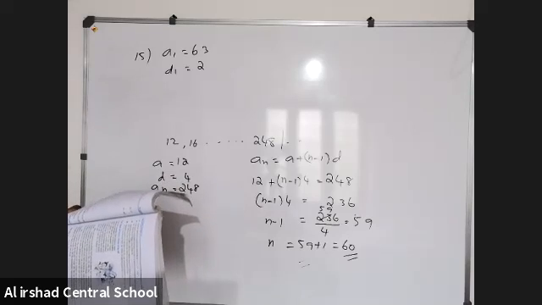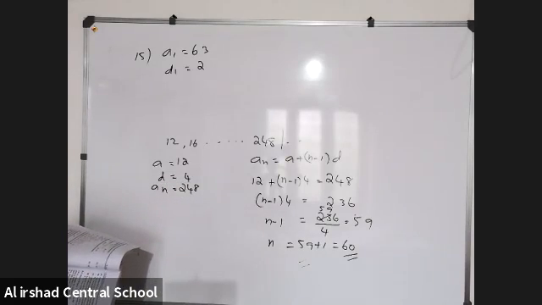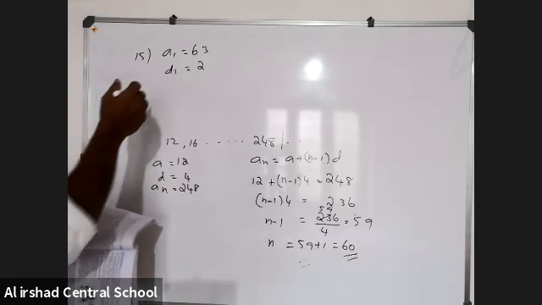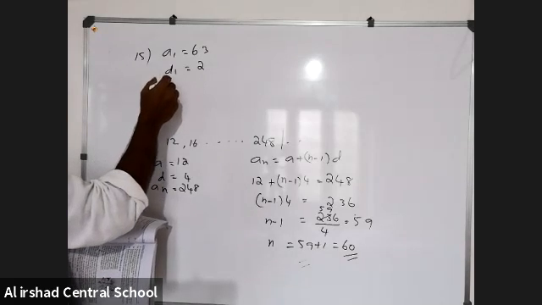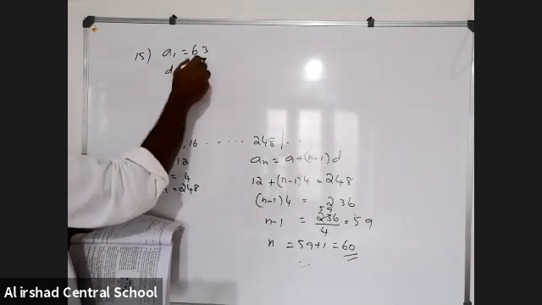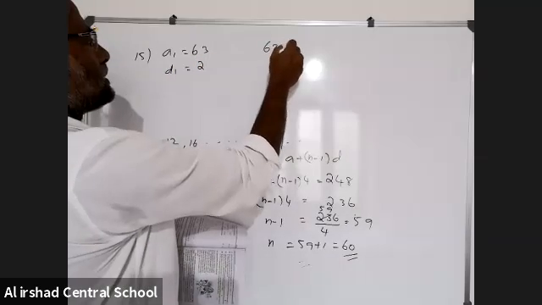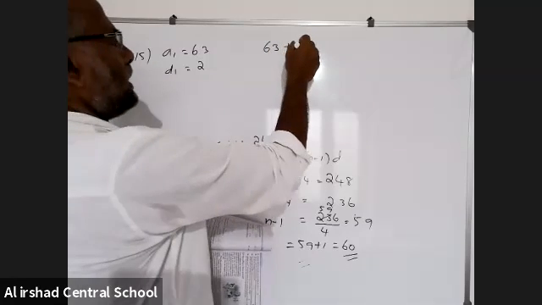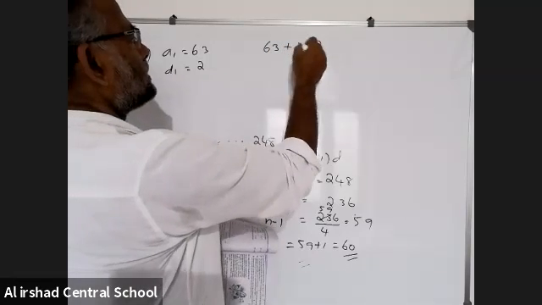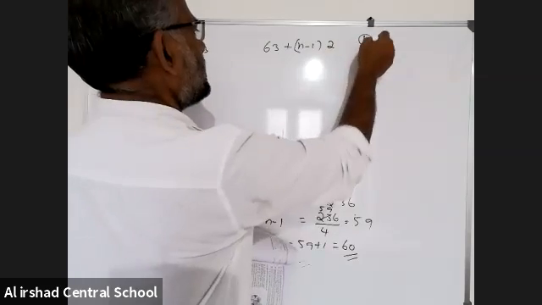For what value of n are the nth terms of two APs equal? Now, here we got one equation: 63 plus n minus 1 into d. That means 63 plus n minus 1 into 2. That is the first equation.